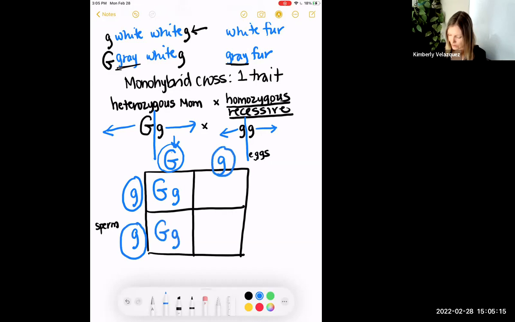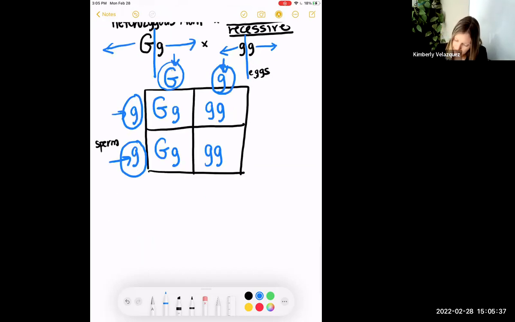This little g crosses with this little g, or they come together to make this individual. And then the same here, this one comes together with this one. So it's all the possible fertilizations. This shows you what all of the possible outcomes are for offspring. Each one of these squares represents on average 25% of the offspring.